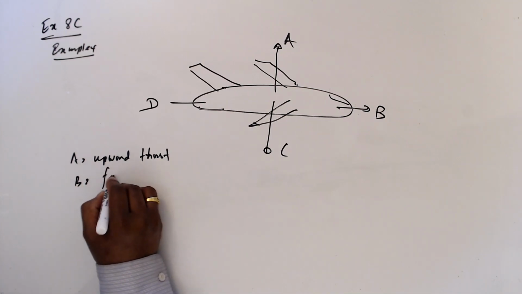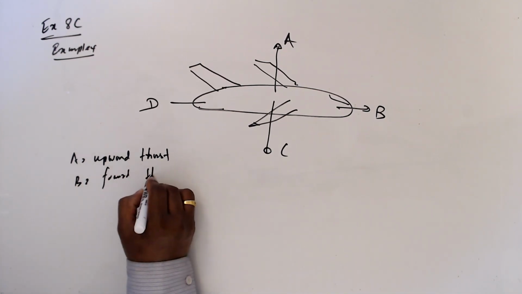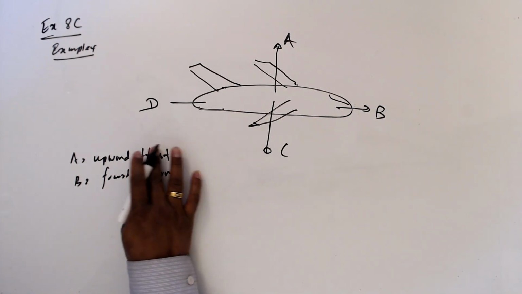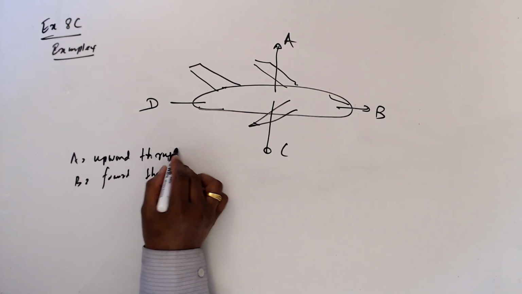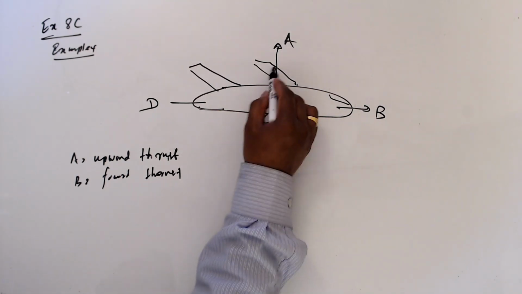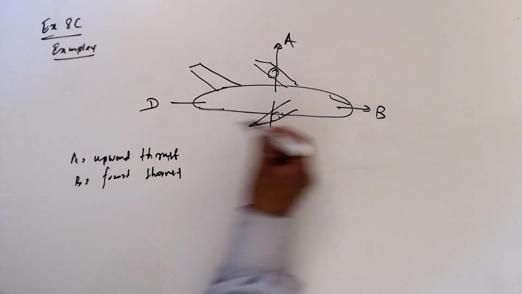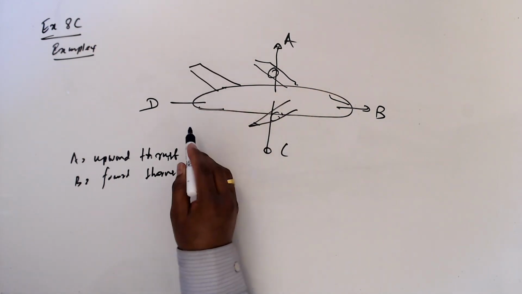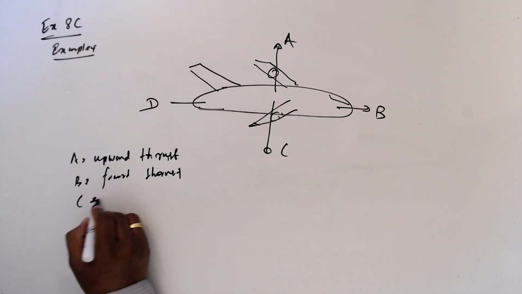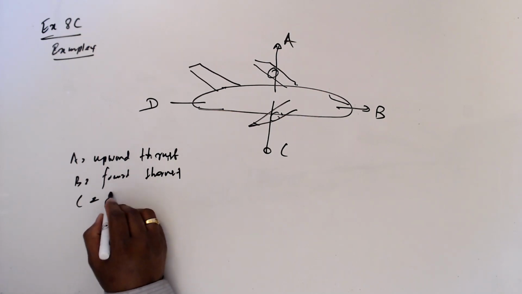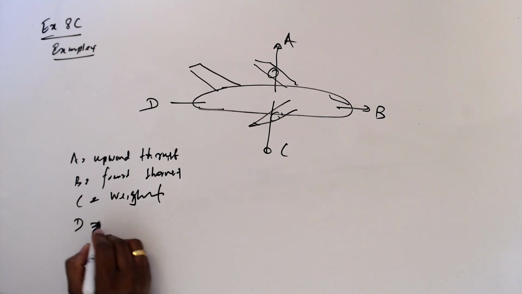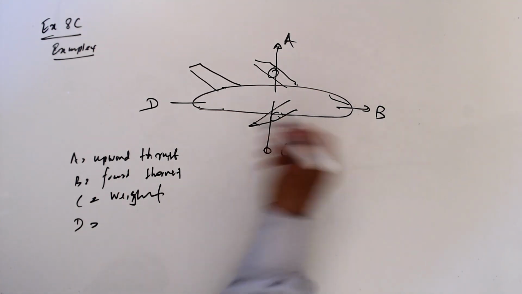B is forward thrust created by the engine. It absorbs the wind and pushes. As a result, the plane moves forward. C is the weight, and D is the air resistance.